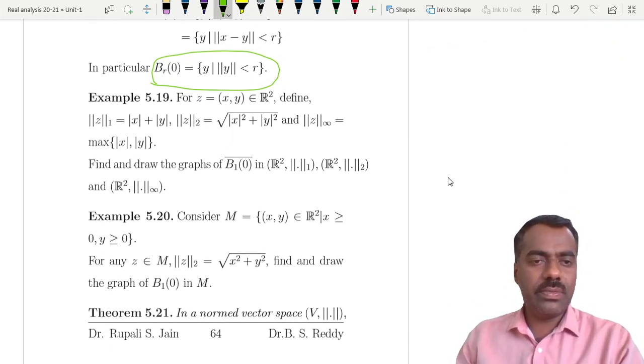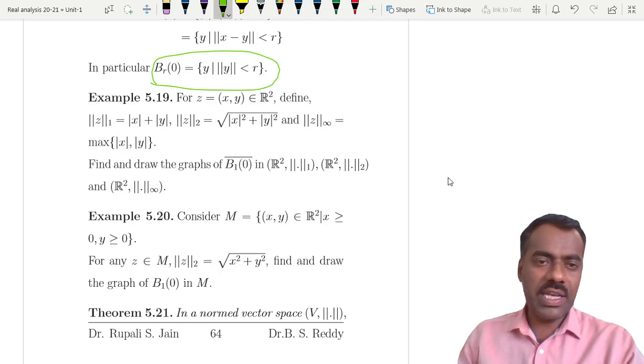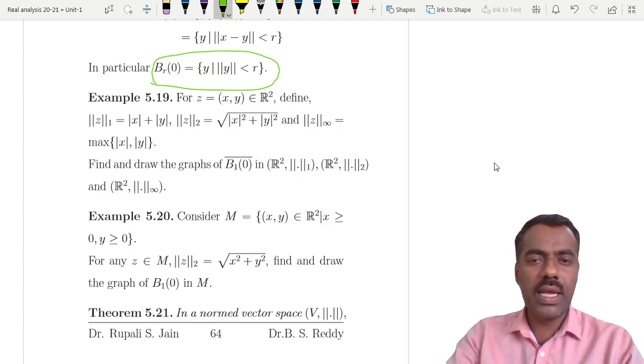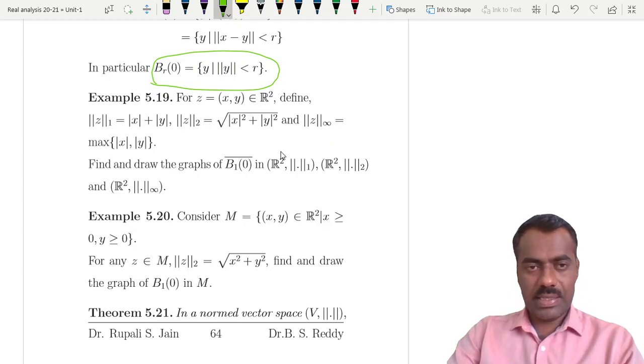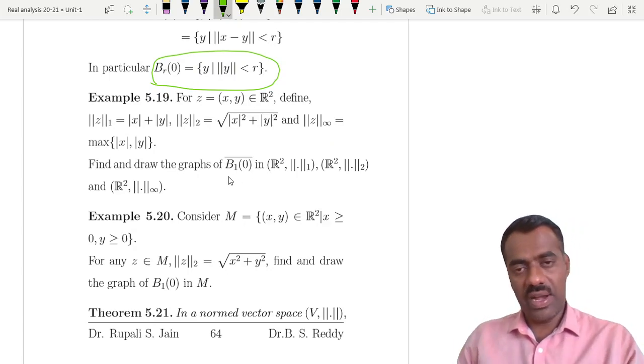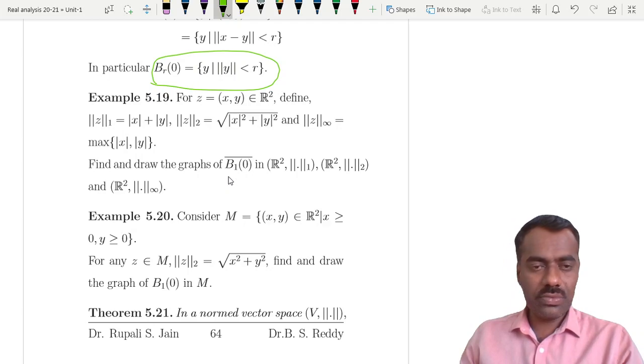Again, you try this. Norm z1 is mod x plus mod y, norm z2 is the square root of mod x squared plus mod y squared, and norm z infinity is the maximum of mod x, mod y. If you take these three norms, which we already defined for Rn, try to draw the closed ball B10.